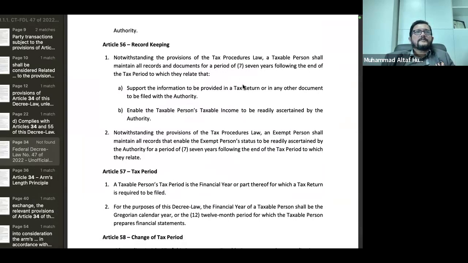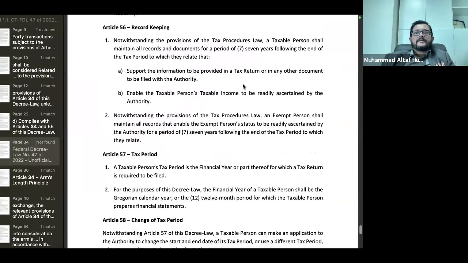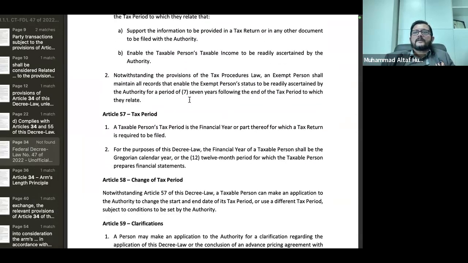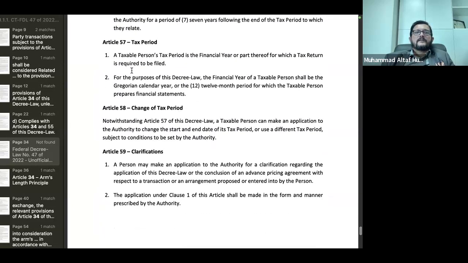How many years is written? 7 years. What is the default in the UAE? 5 years, but in tax it is 7 years. Okay, and there is more ahead. An exempt person must maintain or enable to be readily certain for a period of 7 years following the end of the period to which they relate. Then tax period came in. Tax period means tax year ideally, but it can be different as well.